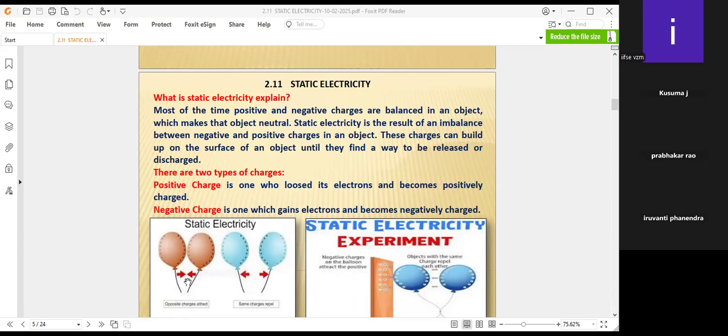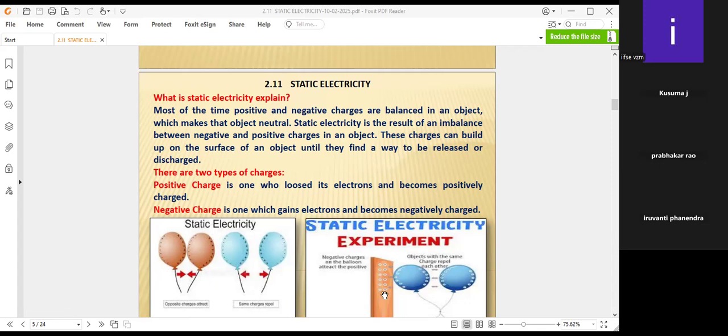When you see the balloon man selling balloons on the beach roads, there is no attraction between the balloons. If the balloons were attracted towards each other, they would be blown up by rupturing. That's because the number of positive and negative charges is equal, so they act as neutral and always repel each other.